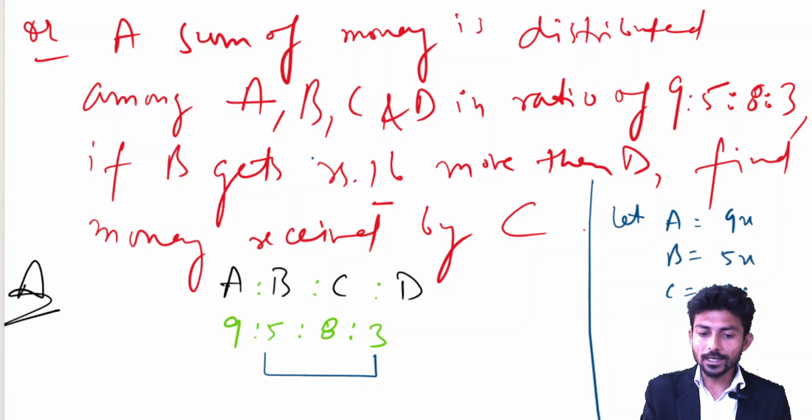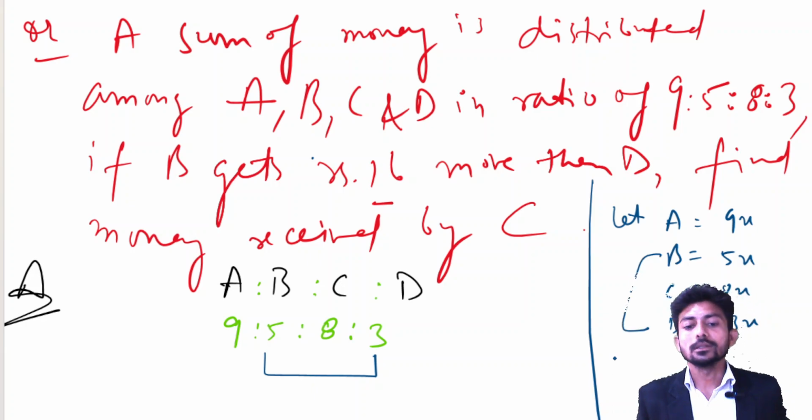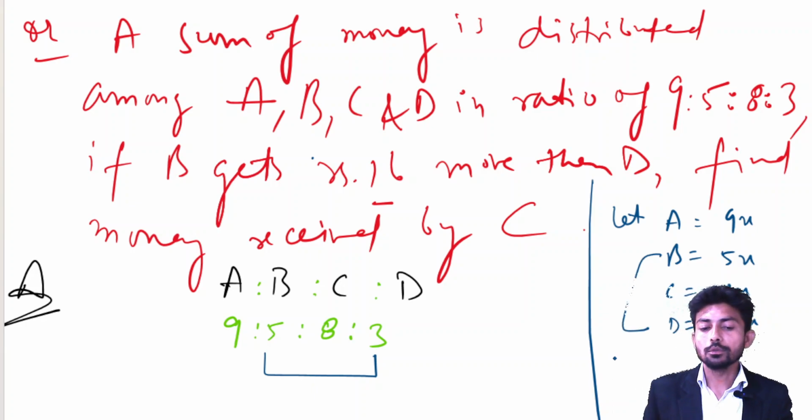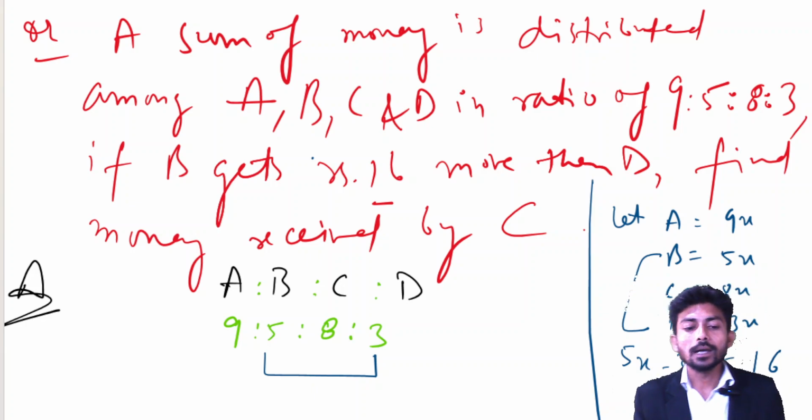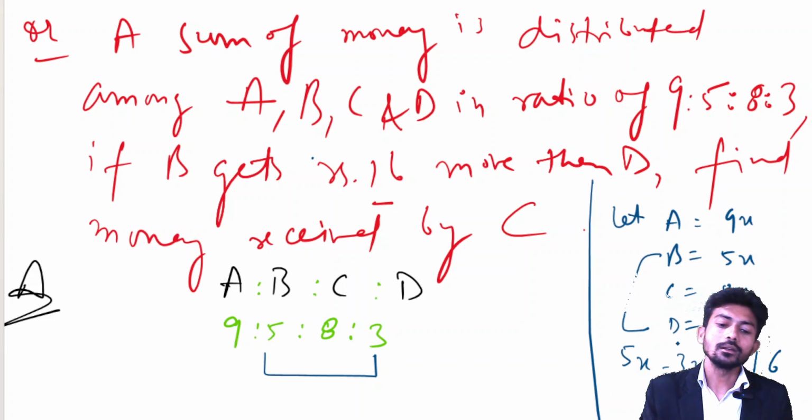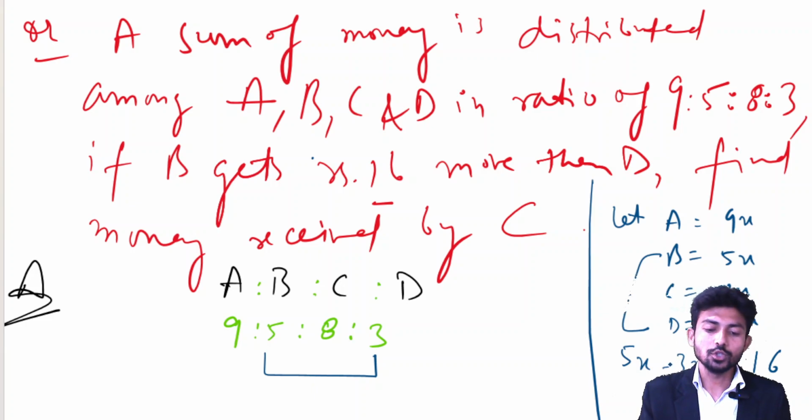For C it is 8x. For D it is 3x. Now we are aware that a relation is given between B and D. So as per this relation, we can write that 5x minus 3x will be equivalent to 16, because that's what they have given to us, that B is getting more than D by 16 rupees. And that's how we wrote here.